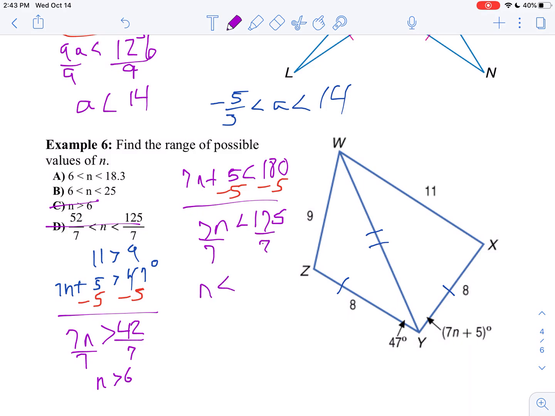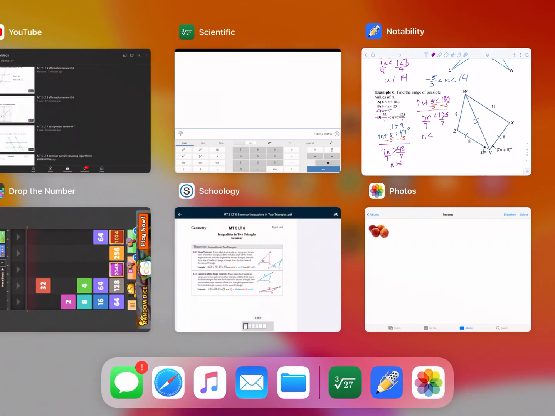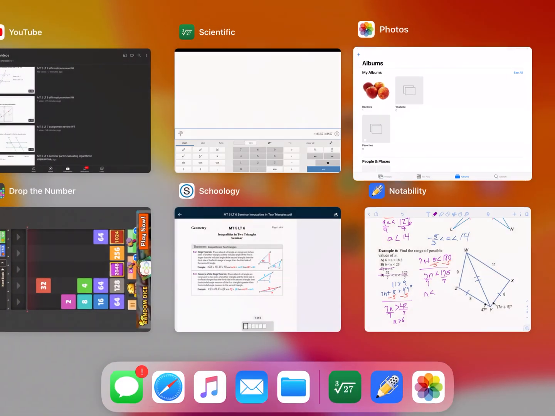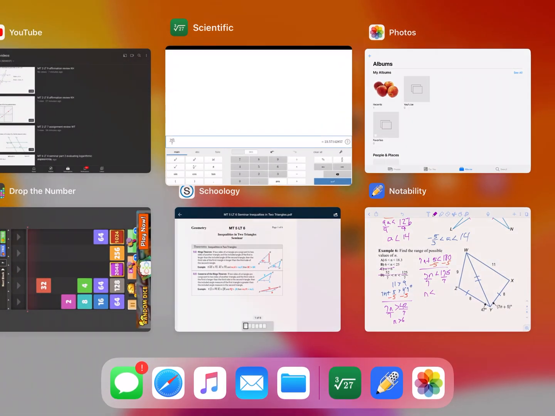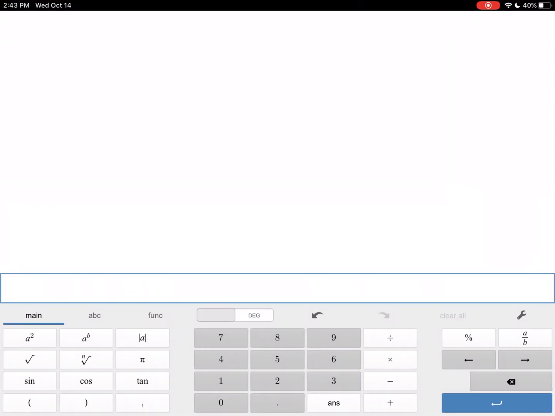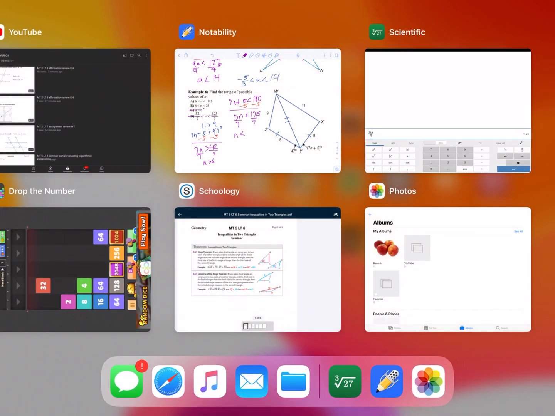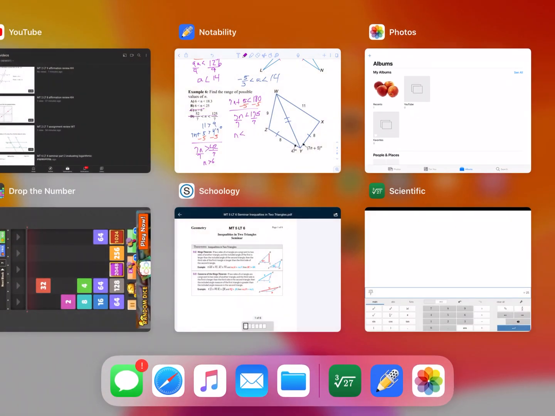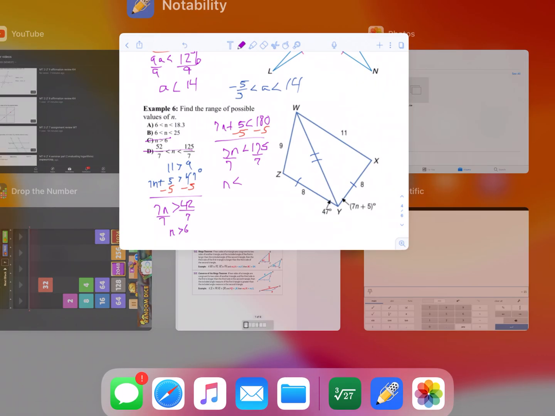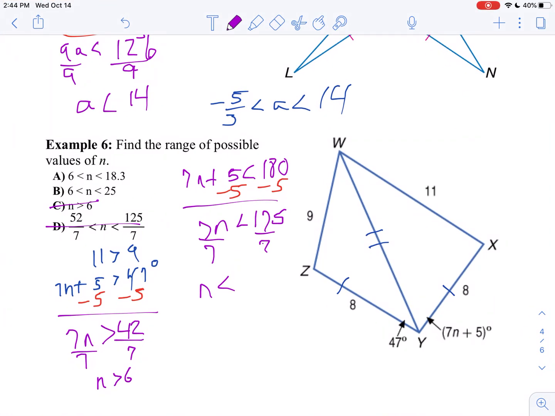So let's take 175 divided by 7 and see what we get. And we get 25. Wow, was I wrong? My mental math failed me. So n is less than 25. So it's between 6 and 25. So the correct choice should be B there.